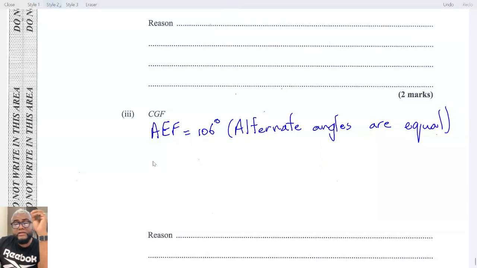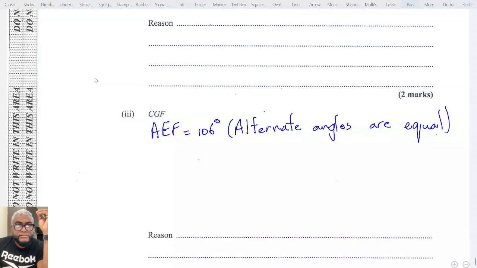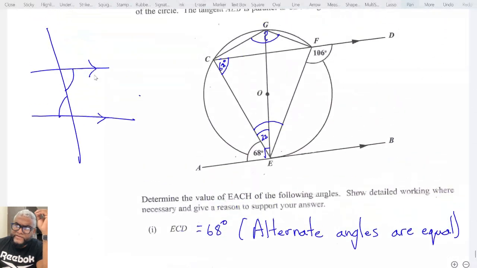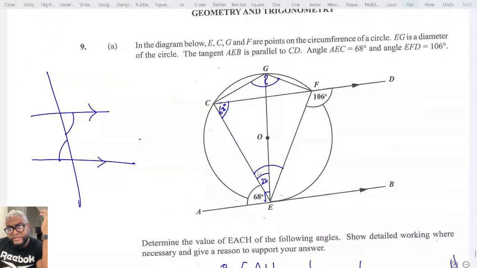Then we want to find this angle here now. There's probably another way to find this, but this is what I see here. So watch it. This angle here, which is CEF, would be 106 minus 68.